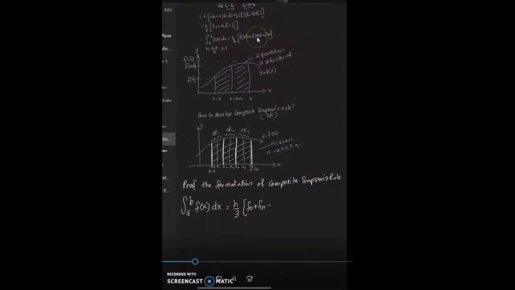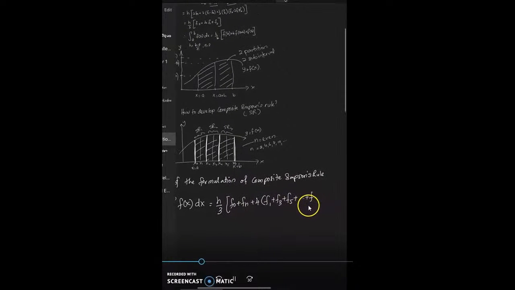Now I want to write the formula for the composite Simpson's rule. The other question is how to prove it based on 6 intervals, for example, or 8 intervals, for example.